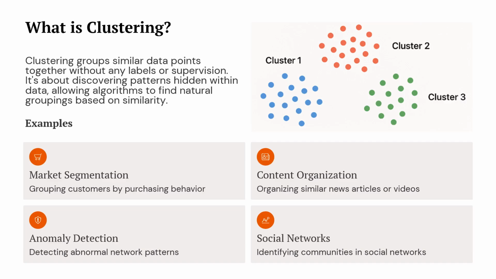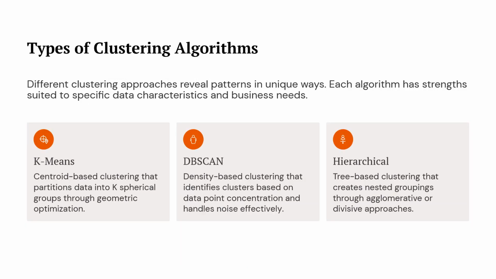In the real world, clustering powers market segmentation, organizes online content, detects network anomalies, and even identifies communities in social networks. There is no single way to cluster data. Each algorithm has its own personality. K-means is all about centroids.